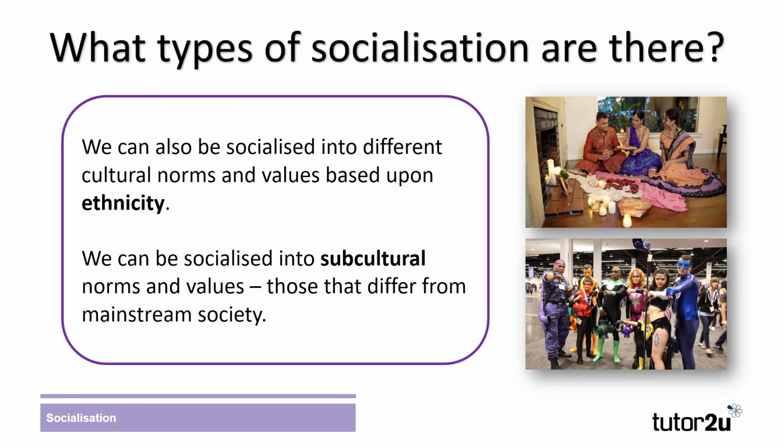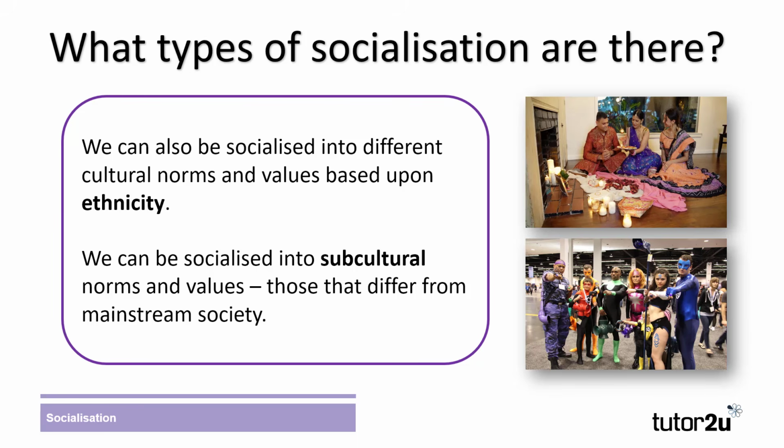Socialization can also take different forms based upon an individual's ethnic background. Different ethnic groups will have different cultural norms around food, interactions, family gatherings, celebrations, and language. While this form of socialization may be carried out by families, other social institutions such as education, religion, and peer groups may reinforce these norms and values.